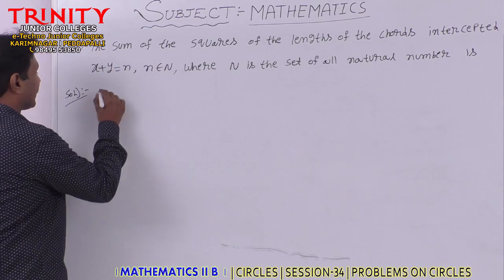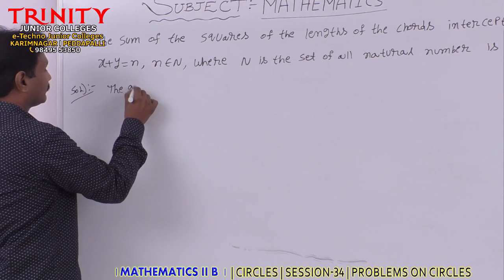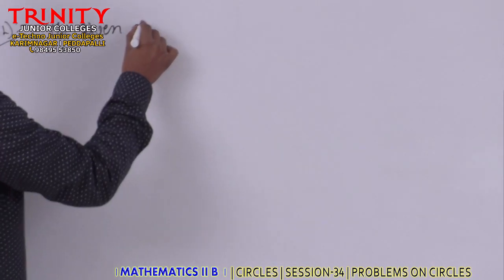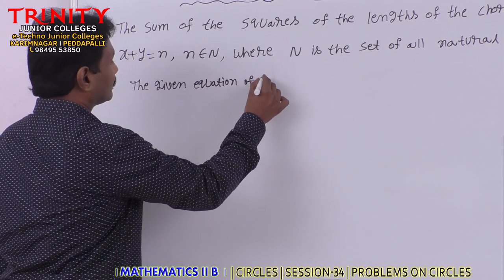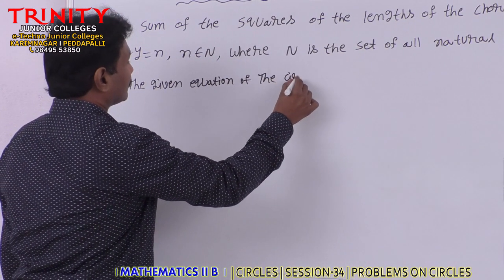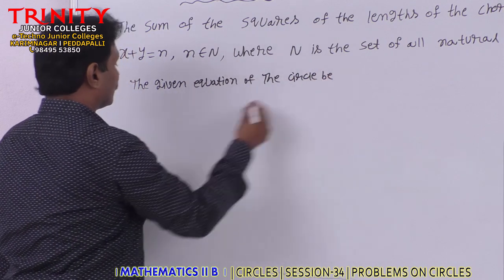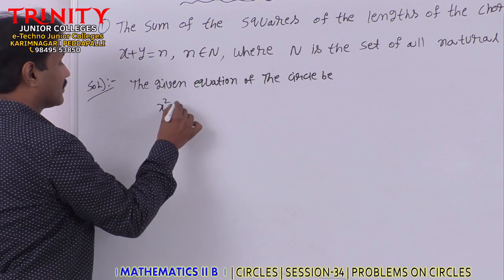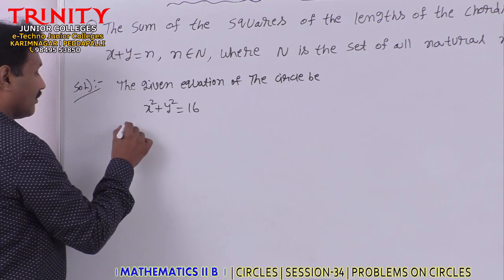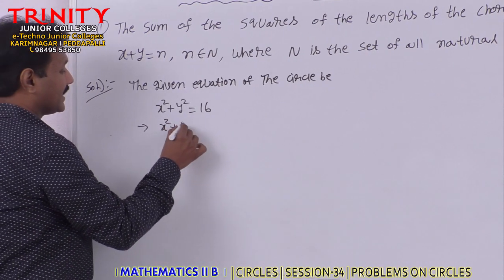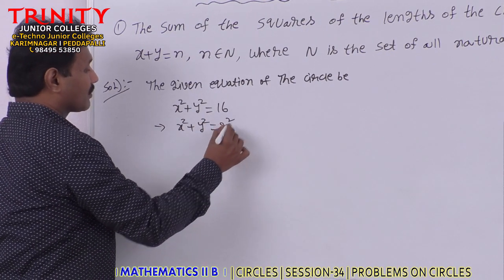First, the given equation of the circle is x square plus y square equal to 16. This is of the form x square plus y square equal to r square.